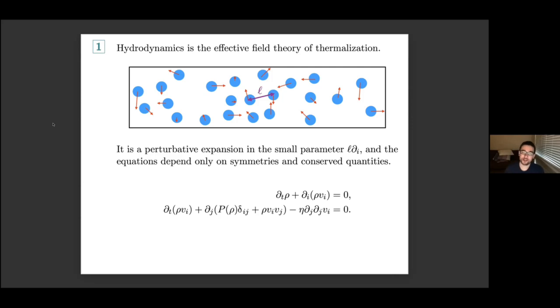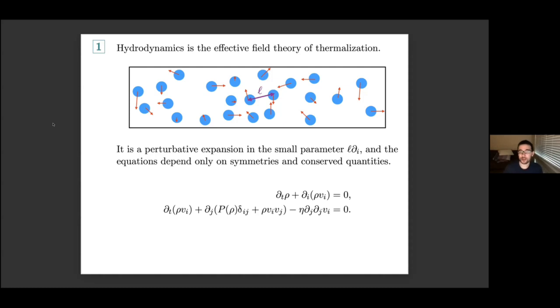Instead, you would say my measuring device is really big compared to this length scale little l, which is like a mean free path for collisions between these molecules in air. So I should essentially look at physics that's only important on scales that are very long compared to this little l.